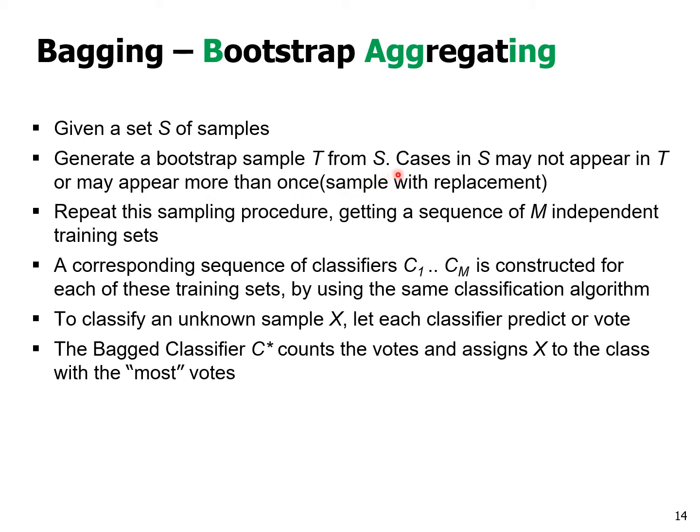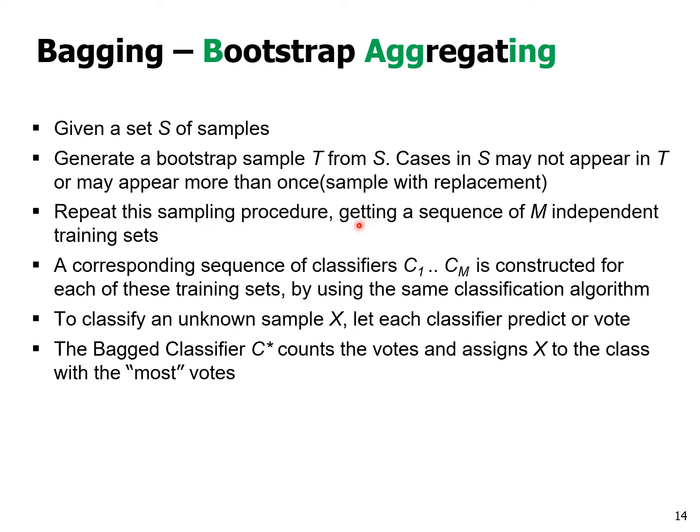That means when you generate T from S, you do sampling with replacement. So some data in S may not appear in sample T, or may appear multiple times in sample T. That's how you do sampling here, and you repeat this sampling procedure multiple times.